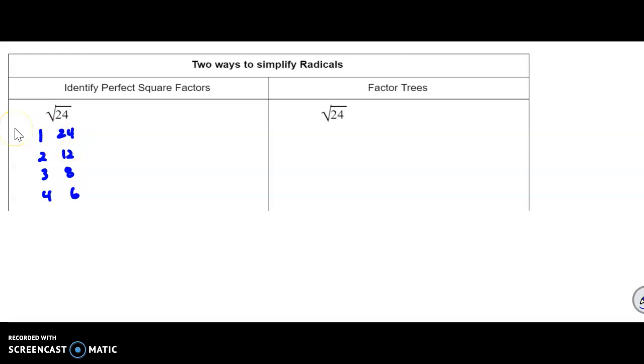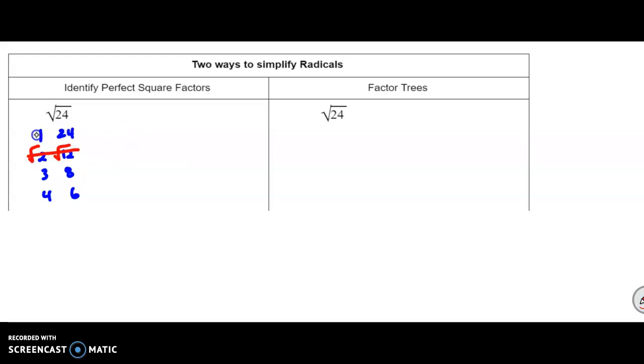If I were to take the square root of each of those, neither one of those is a perfect square number, okay? The square root of 2 is like 1 point something, and the square root of 12 ends up being 3 point something. Well, that doesn't really help us, right? So I'm actually not going to use this one.